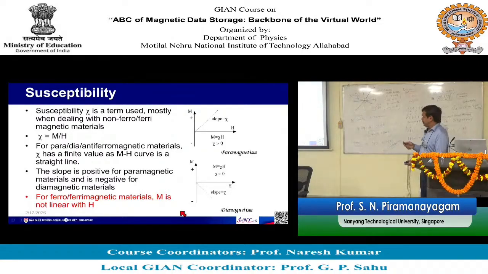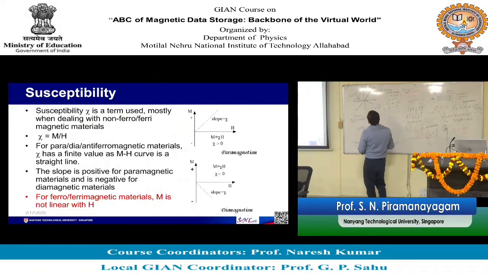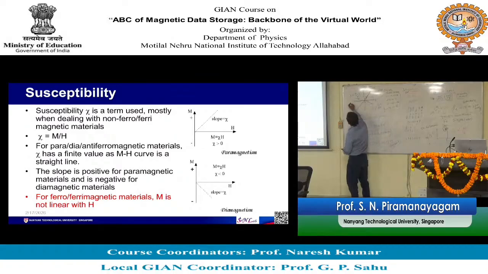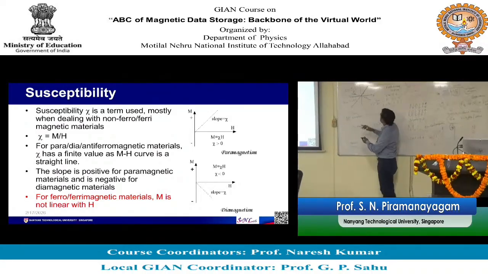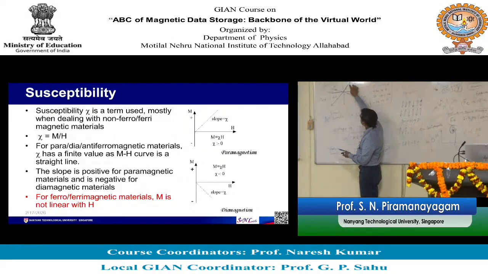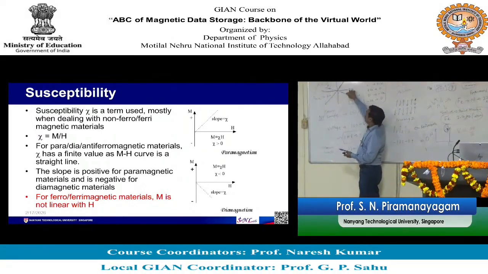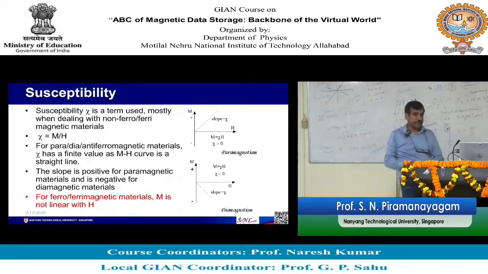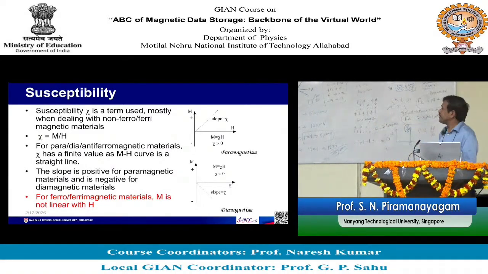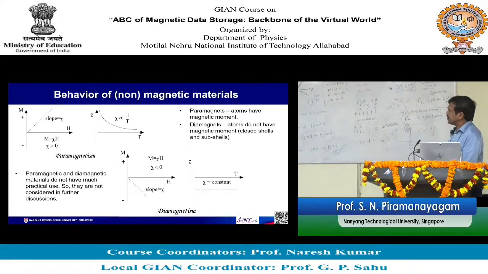Typically, the slope of paramagnetic materials is much larger than the diamagnetic slope. Even though I tried to make this slope larger and this slope smaller in the drawing, this slope is usually much smaller than this. So, the susceptibility of diamagnetic materials is much smaller than that of paramagnetic materials.